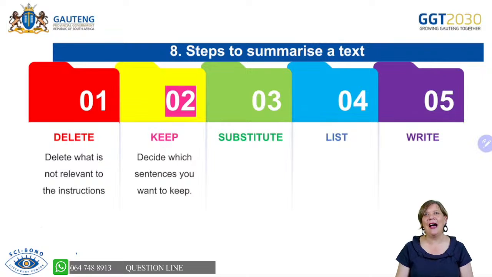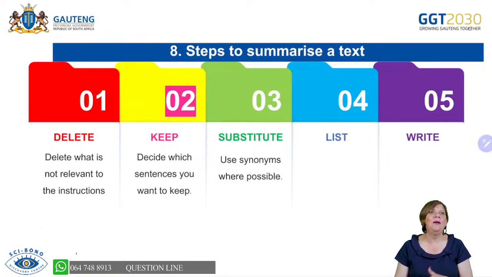Now you have to figure out how you're going to change it into your own words. Maybe you can use a synonym where possible. Maybe you can change the tense of a sentence. But you have to find a way to write it in your own words. Be careful that you don't change the meaning though. So when you're done with all of this, now is the time to start writing it in a list.